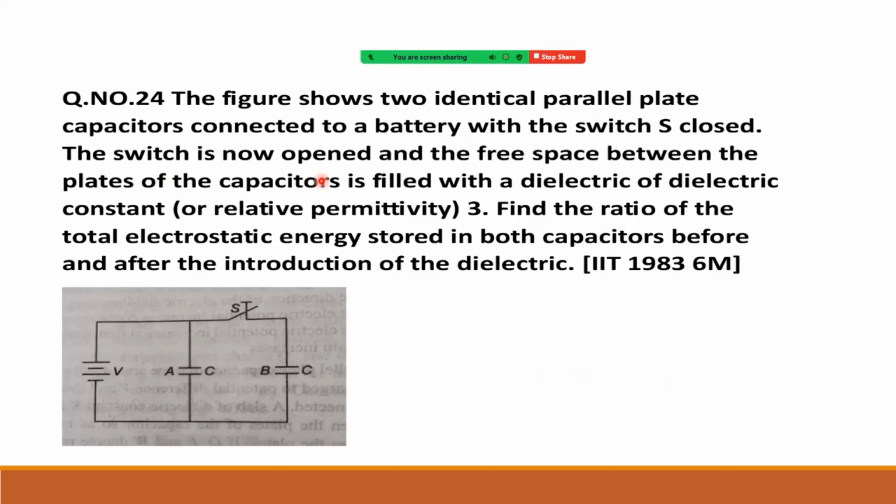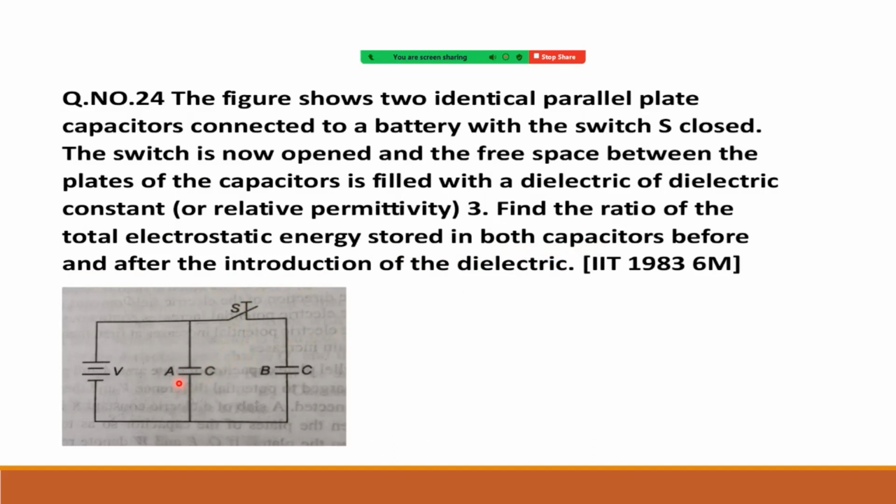The switch is now opened, and the free space between the plates of the capacitors is filled with a dielectric of dielectric constant 3. Find the ratio of the total electrostatic energy stored in both capacitors before and after the introduction of the dielectric.